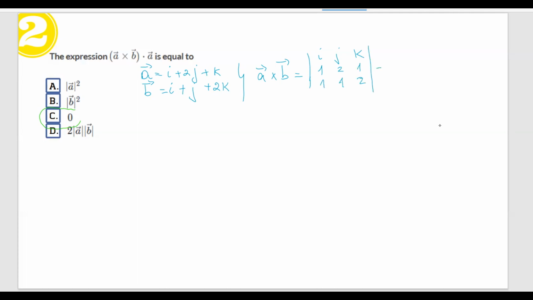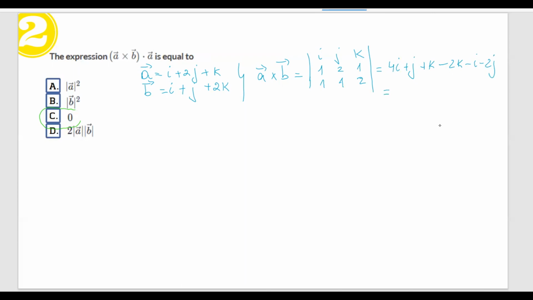And let's calculate the determinant. So I'm going to have 4i plus j plus k minus 2k minus i minus 2j.